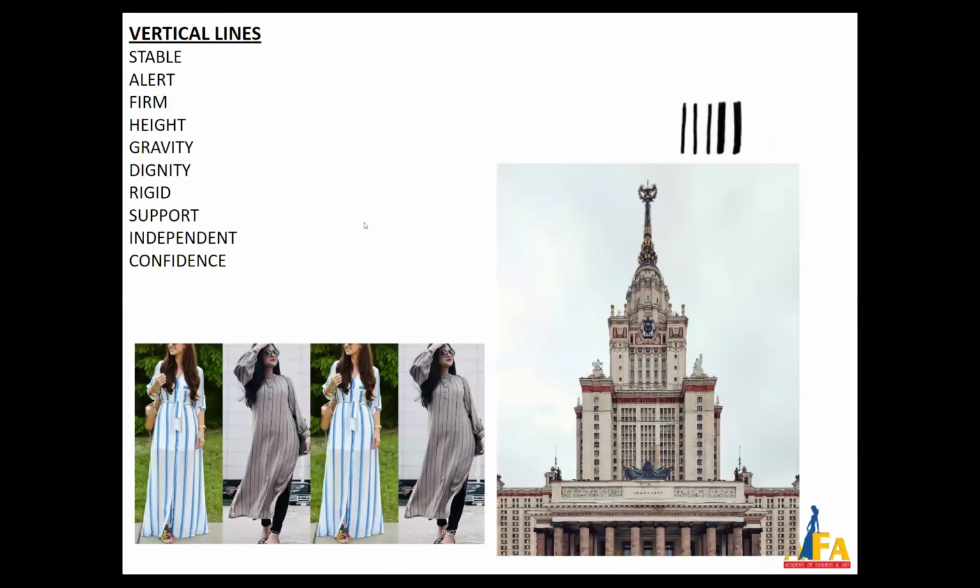Now see the vertical lines. Please write all the characters fast. It is stable, alert, firm, height, gravity, dignity, rigid, support, independence, confidence, and I'm writing two more words here.